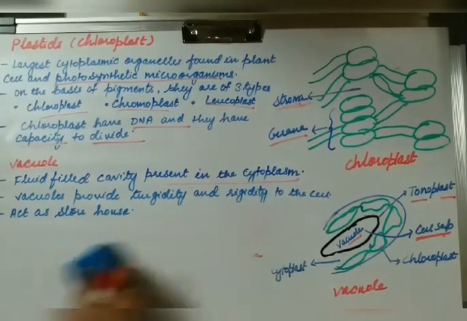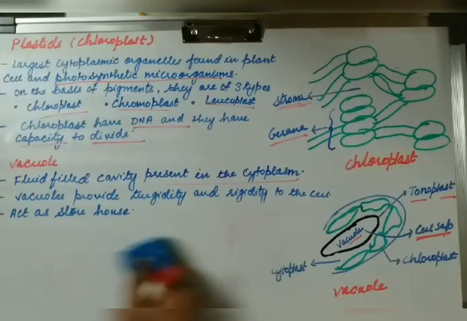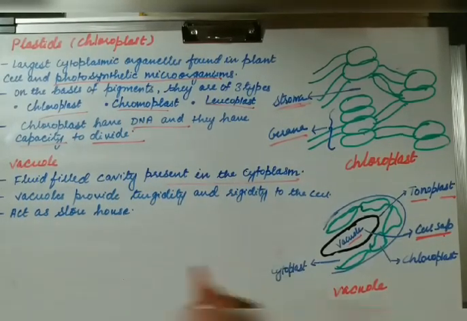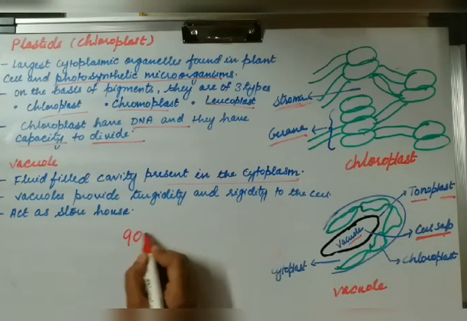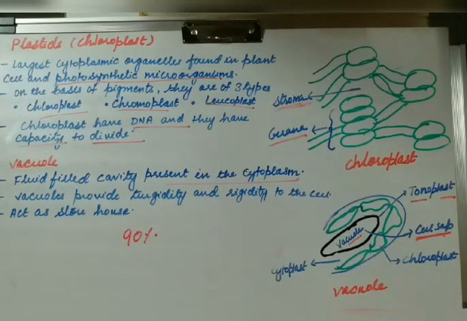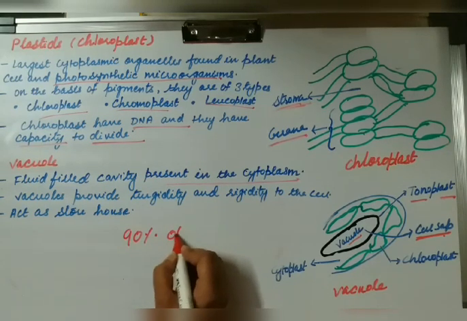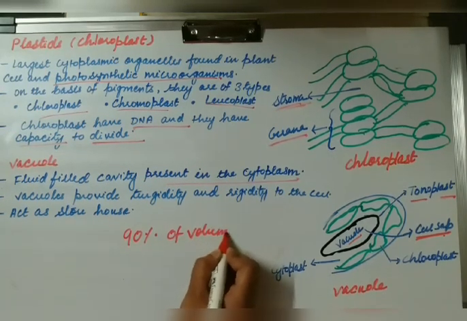They are present only in the plant cell, and in the animal cell they are absent, or if present they are very small and temporary. In a mature plant cell, they occupy up to 90% of the volume of the cell.